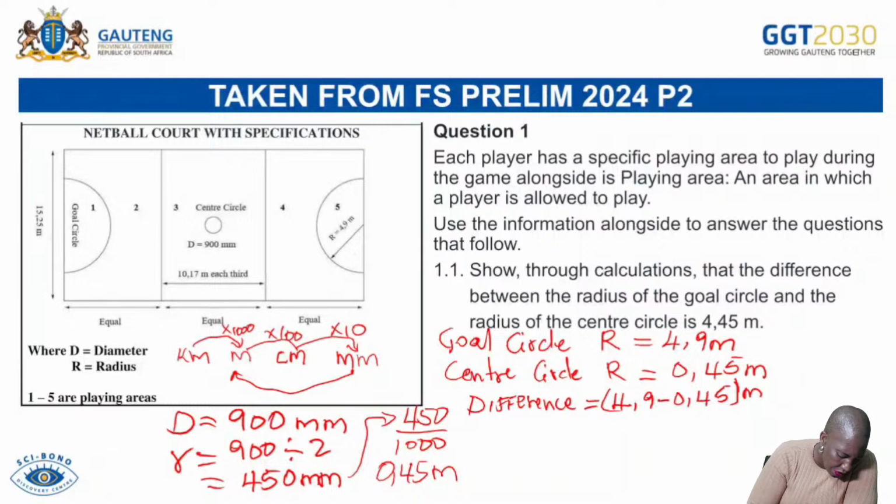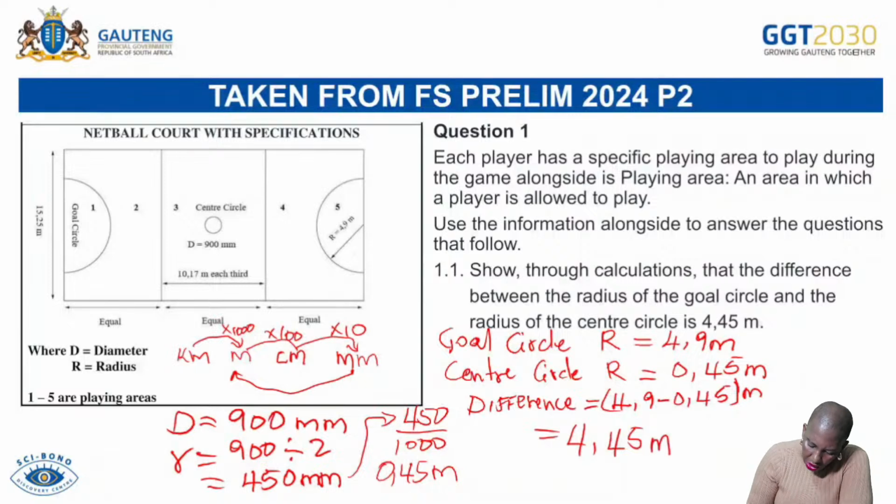We say 4.9 minus what? Minus 0.45. And then our answer is 4.45 meters. So it means we are correct. That is the difference between the center circle and the goal circle.